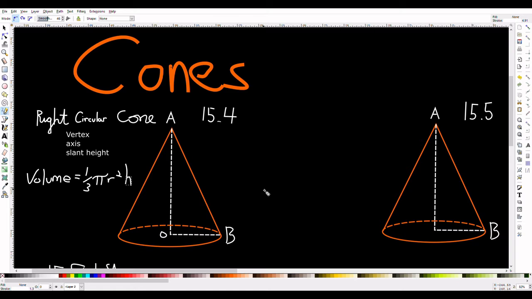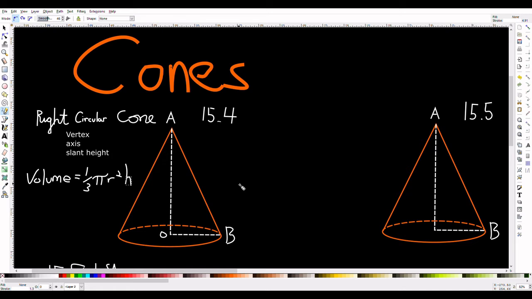Starting with 15.4, what is the shape of the cross-section of a cone that contains the axis of the cone? So the axis of the cone is AO, and if we had a plane that contained that line, what would the shape be?